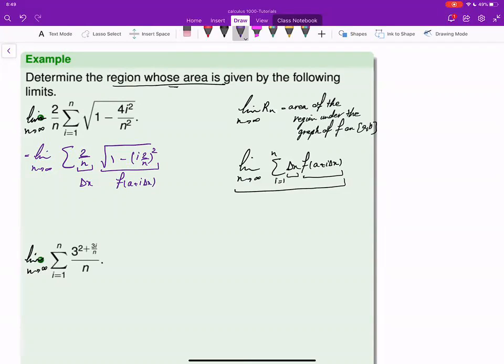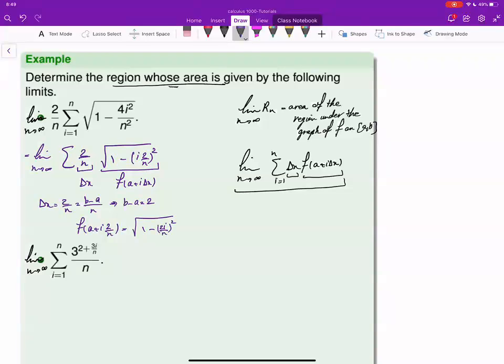Now, from this point on, I have to try to fit in everything that I see here. For example, delta x is 2 over n, which I know is (b minus a) over n. That means that b minus a is going to be 2. And f of a plus i delta x, which is i times 2 over n, we already fixed that, is going to be the square root of 1 minus (2i over n) squared.